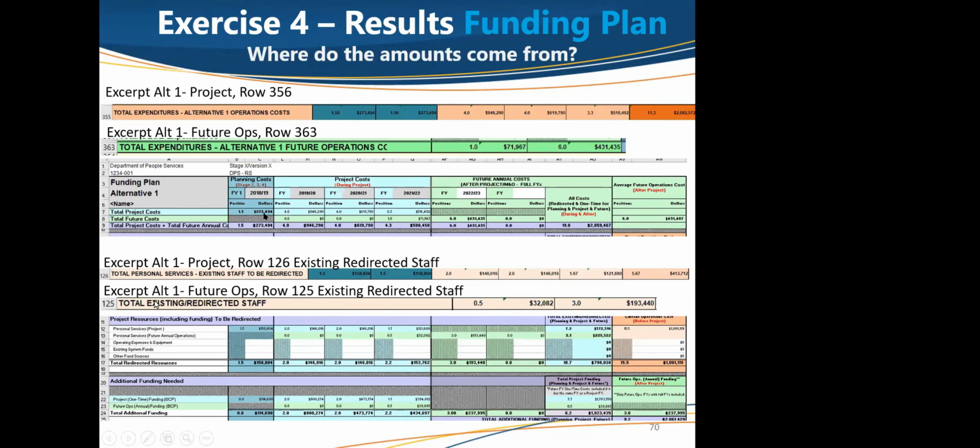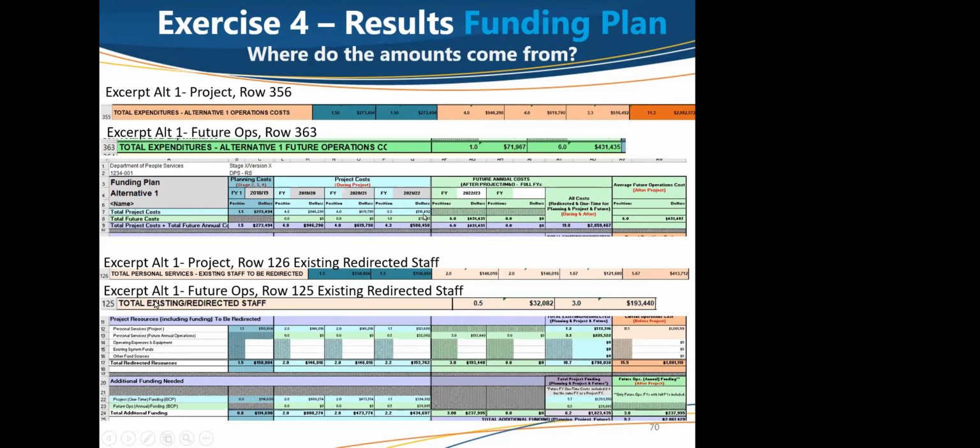It automatically brought it in from that location on the Alt 1 project. The next one, 946,290. This is 946,290. The next one, 619,790, 619,790.